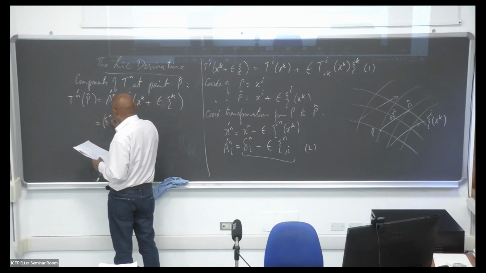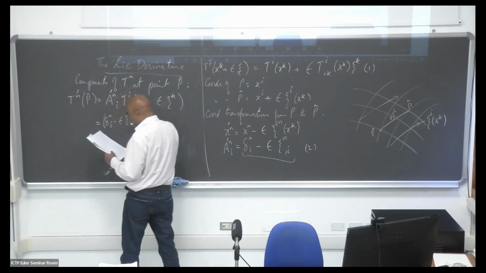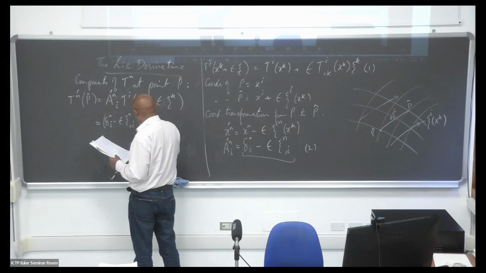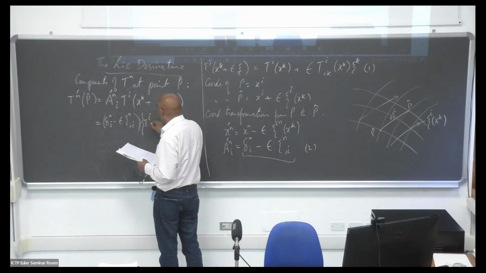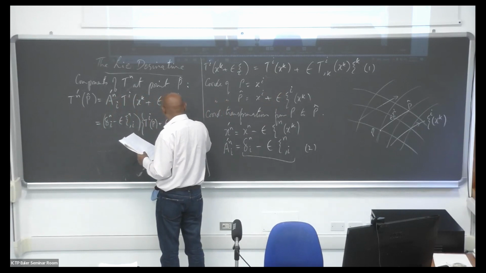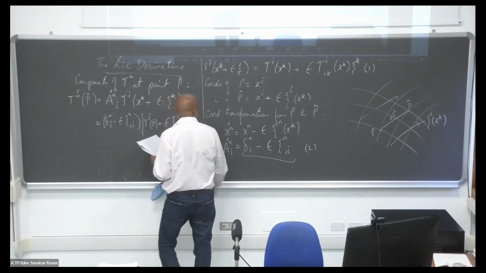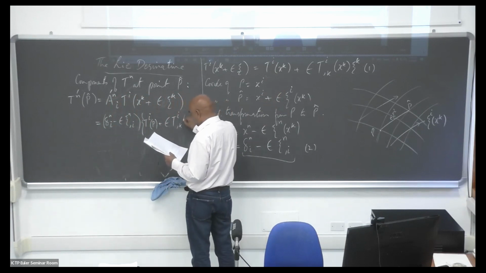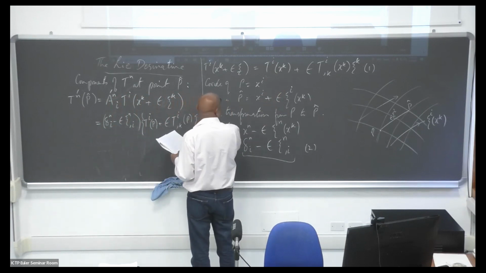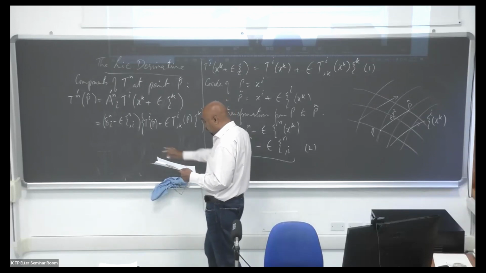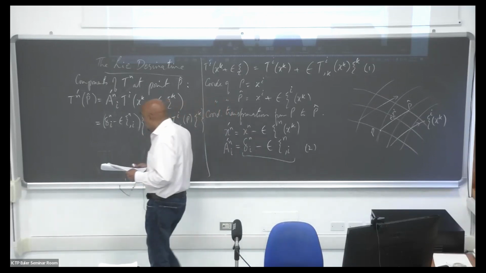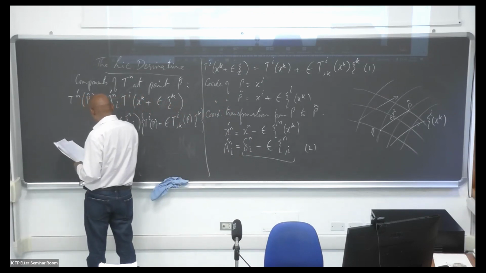So this will be delta n I minus epsilon xi n comma I, and multiplied by this expression, which is EIP plus epsilon EI comma K at P xi K.